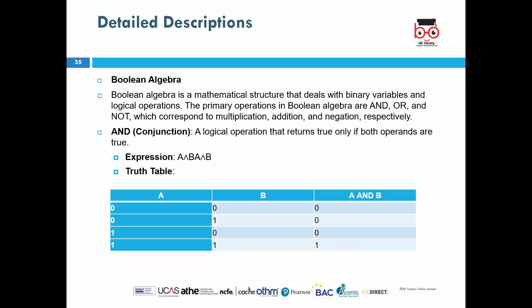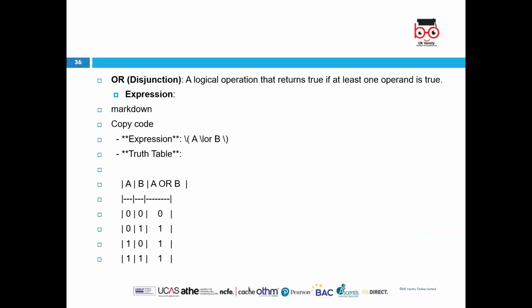Then we have Boolean algebra, which is a mathematical structure that deals with binary variables and logical operations. Here we have more examples of logical operations. OR returns true if at least one of the operands is true.